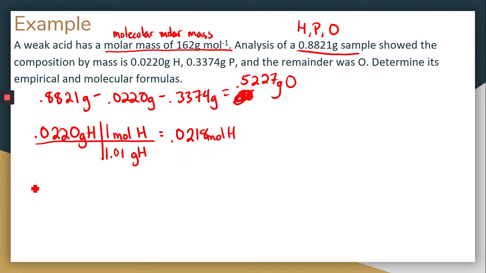of hydrogen. We're going to do the same thing for the phosphorus. Grams of phosphorus on the bottom, moles of phosphorus on the top, 1 mole, and then the molar mass from the periodic table. Keeping our significant figures the same, which would be 4.